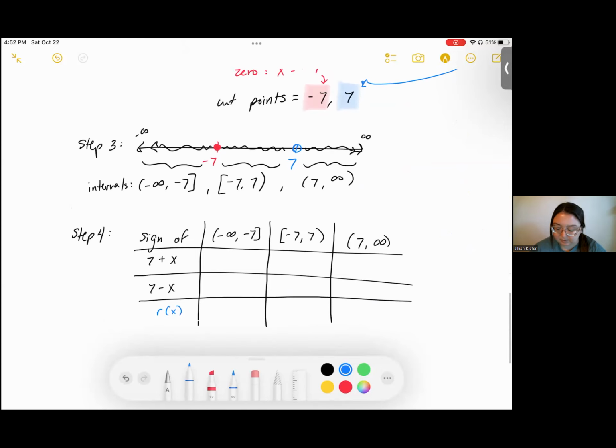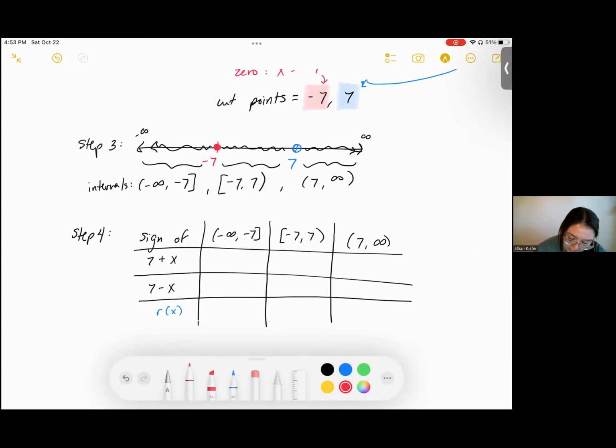So we come down to our table and we're going to calculate each one of these individual boxes the same way as we did before. We're going to pick a test point in the interval, plug it in for X for each factor, and decide if our function is positive or negative on that interval. So let's go ahead and pick some test points. For negative infinity to -7, let's say -8.